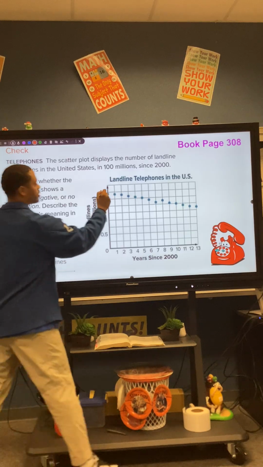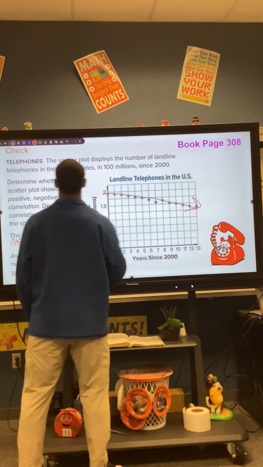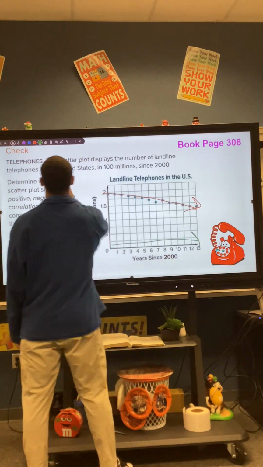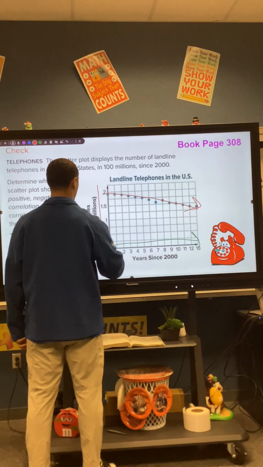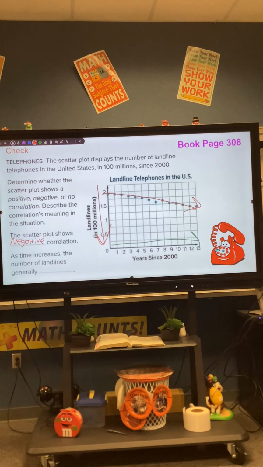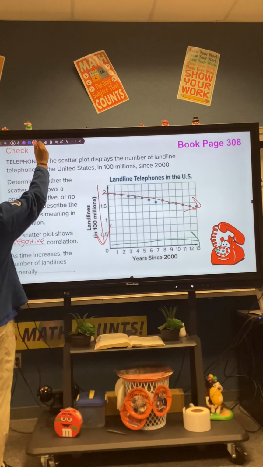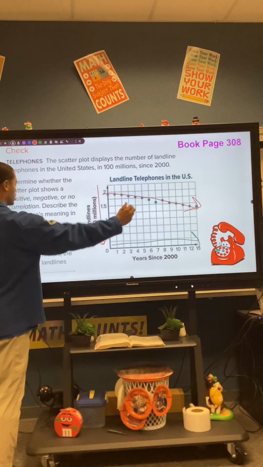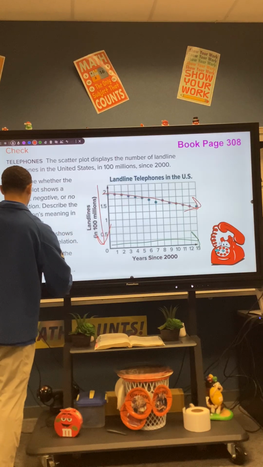Look at that. He sounds more like a math teacher than I do. As our X value increases, our Y values for the most part are decreasing. So in other words, as time increases, the number of landlines generally decreases.